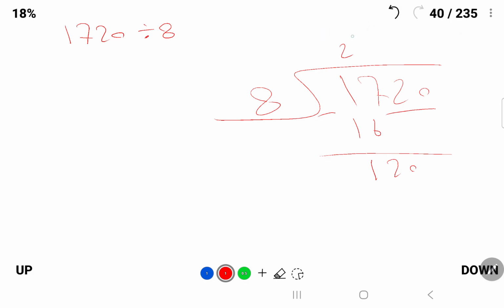So we write it here, 15. Now 15 times 8 is equal to 120. 120 minus 120 is equal to 0. So the final answer is 215.